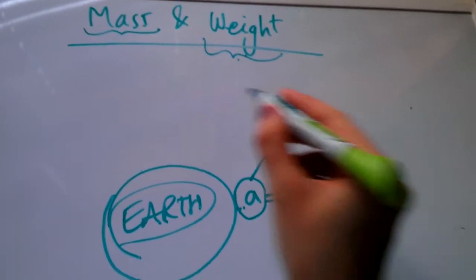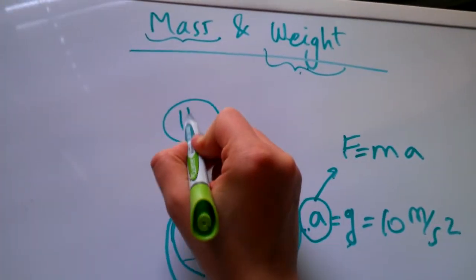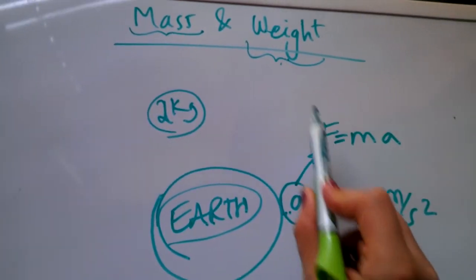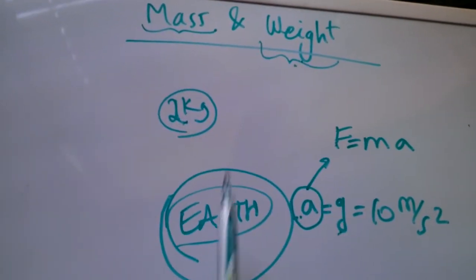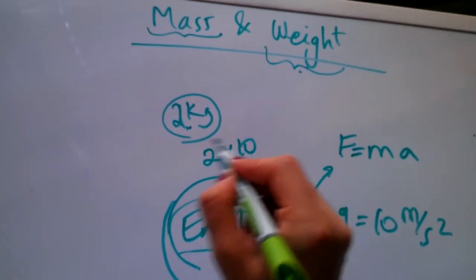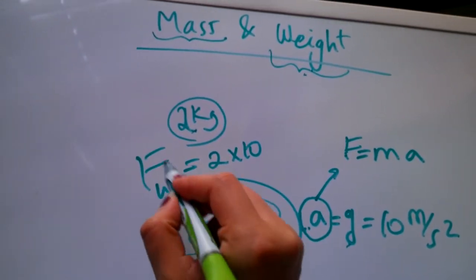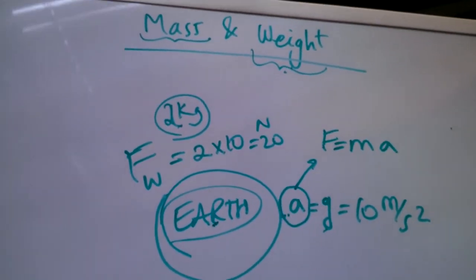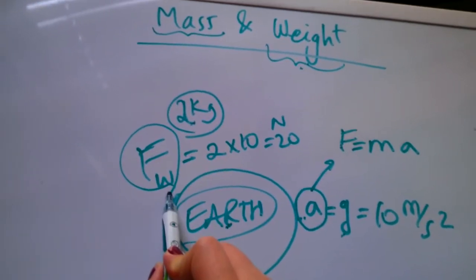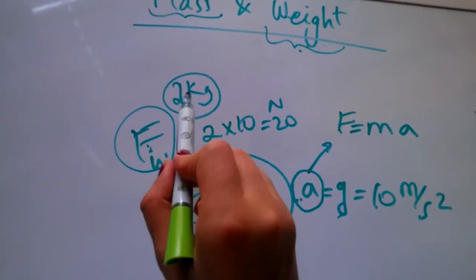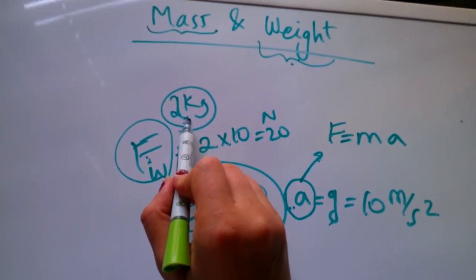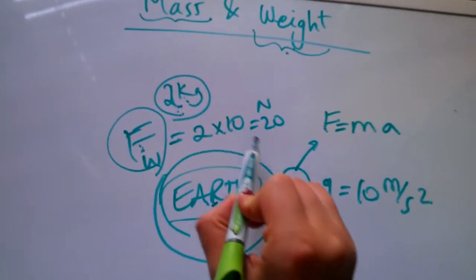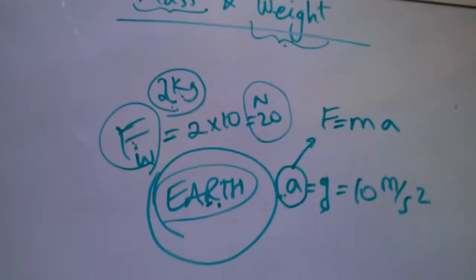So let's say I have a block of gold, 2 kilograms of gold. Now, the weight of this gold on Earth is 2 times 10. This is the weight of the gold, 20 newtons. What we mean by weight is this much force is exerted on the block of gold by Earth. Earth pulls this block of gold by 20 newtons towards its center.